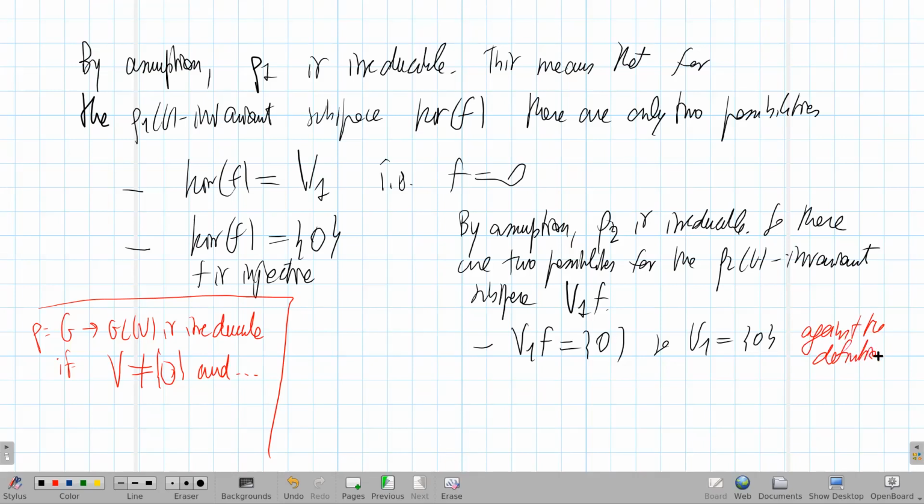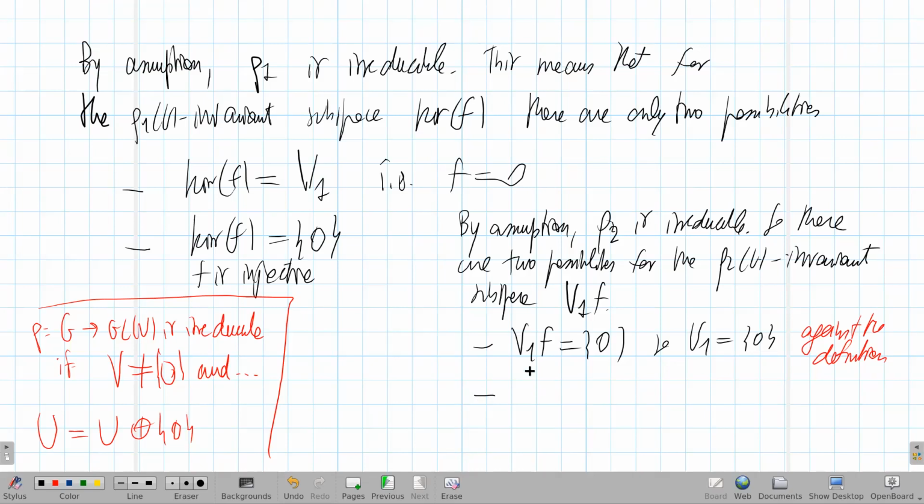This is too trivial a case, the subspace 0, because otherwise you take any vector space, and this will be the sum like this. So every space will be irreducible, but this doesn't count as irreducible. Sorry, I have forgotten this, to exclude this trivial case.